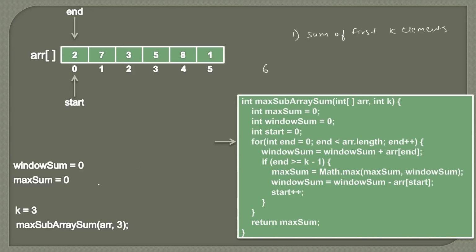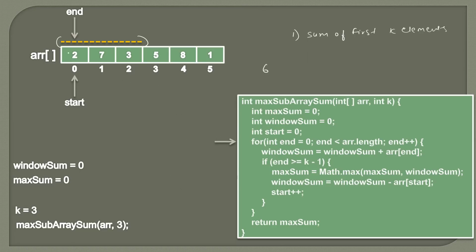Here you can see the first window of size k will go from index 0 to 2. For this window we will straight away calculate the sum, because we need to return the maximum sum of a subarray of size k. So we need at least k elements to evaluate the sum and then compare with the next windows. This if condition, if you see here, will help us achieve that.